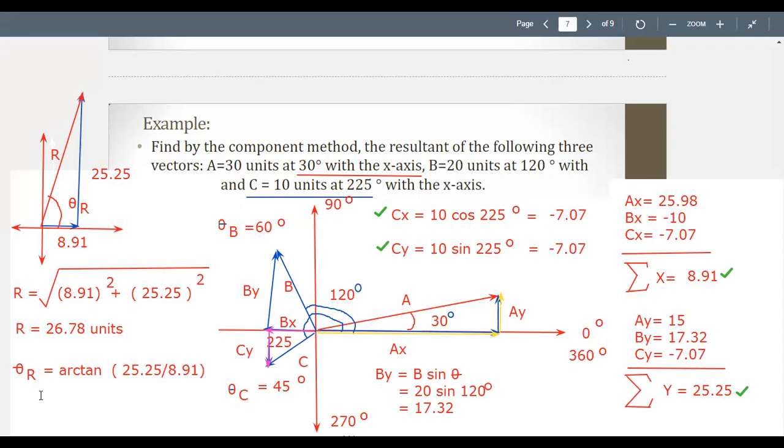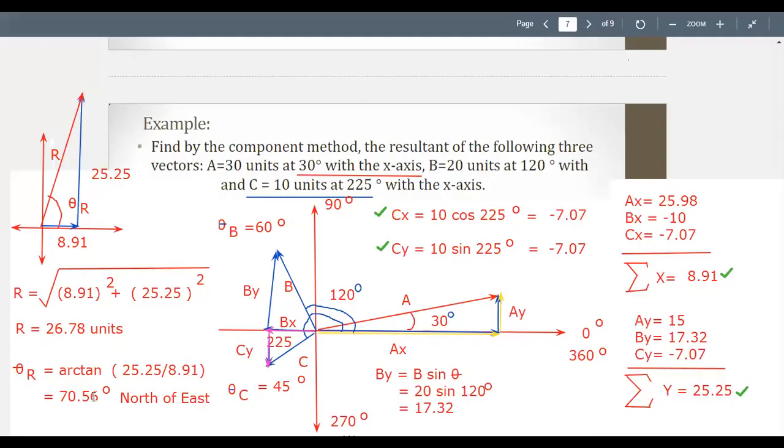And we will have an angle in degrees. The angle measure is 70.56 degrees, and that is north of east.